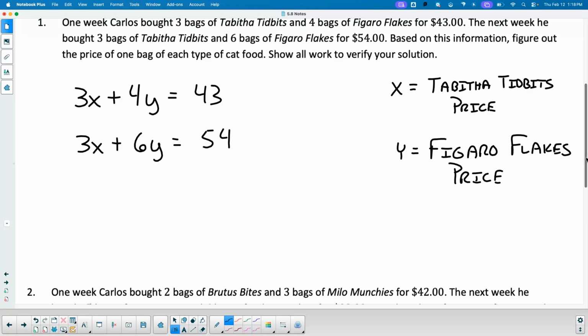And so in the elimination method, the first thing that we have to do is get the same number, only one's got to be positive and one's got to be negative in front of the same variable.